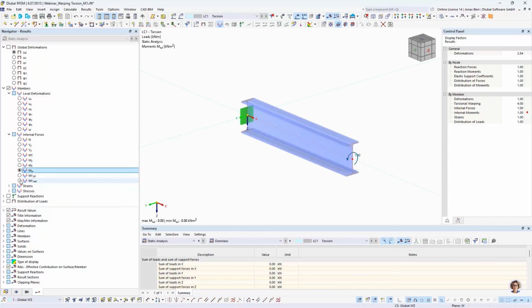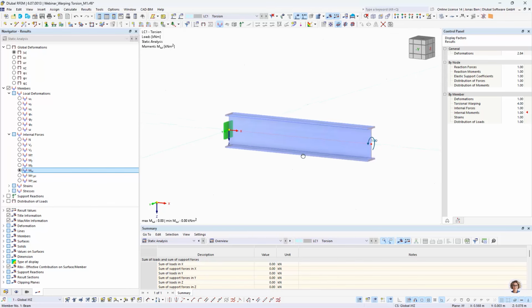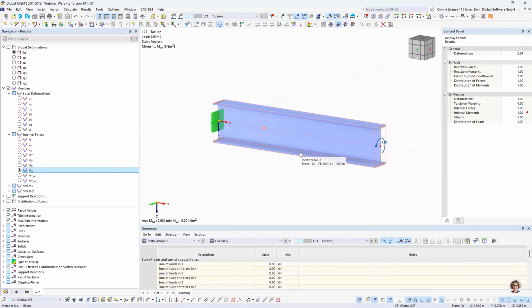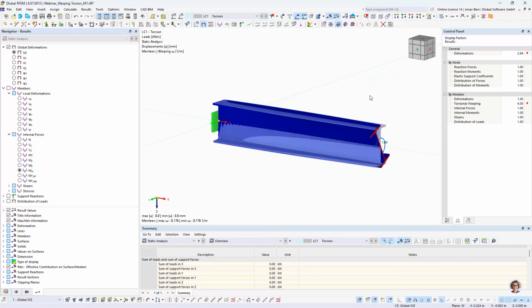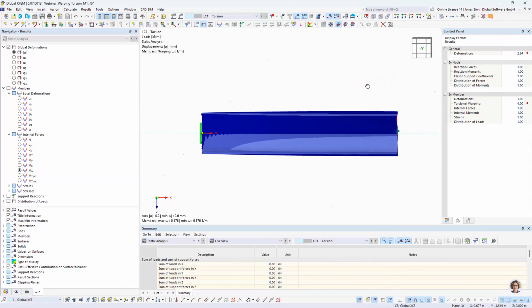And since we said that the integral of the secondary torsional moment resembles our warping moment, of course, if the secondary torsional moment is 0, then our warping torsional moment is also 0. But why is that? We just said that an I section is non-warping-free and is very prone to warping deformation and warping moments. So what happens here? Maybe that gets a bit clearer if we check the deformations here.